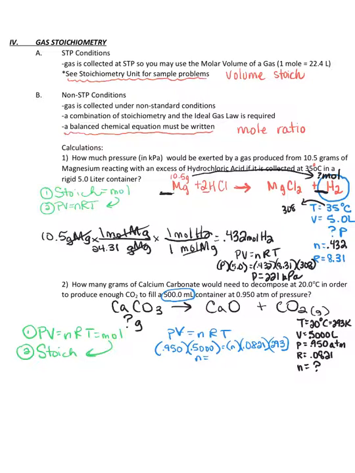When I solve for N, I take 0.950 times 0.5000 divided by 0.0821 divided by 293. Let me check that again: 0.95 times 0.5 divided by 0.0821 divided by 293.